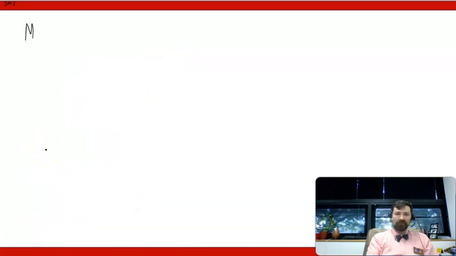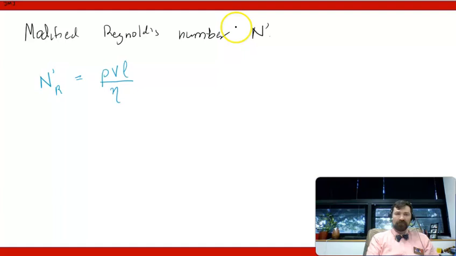Similarly, there's the modified Reynolds number. So the modified Reynolds number, which is given by N prime sub r, that represents the modified Reynolds number, not a derivative for those who have seen calculus. This is just to distinguish it from the Reynolds number. It is the density of the fluid times the speed between the fluid and the object times a characteristic length for the object divided by the viscosity.